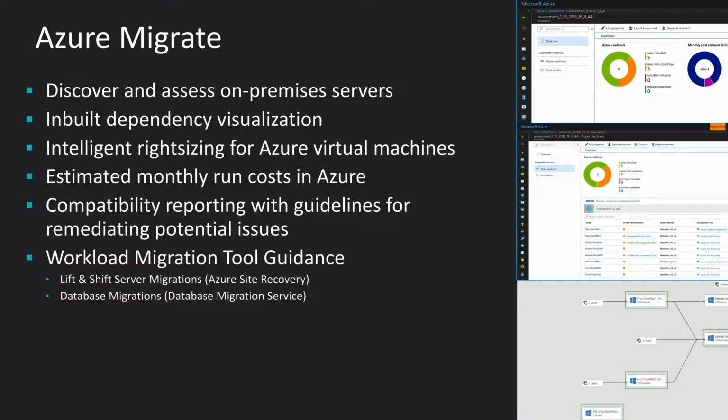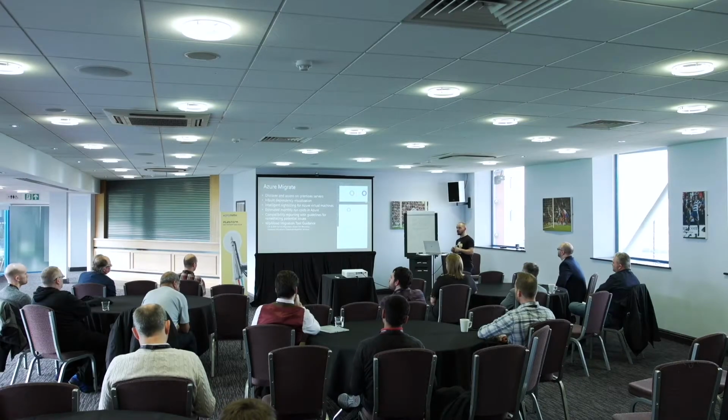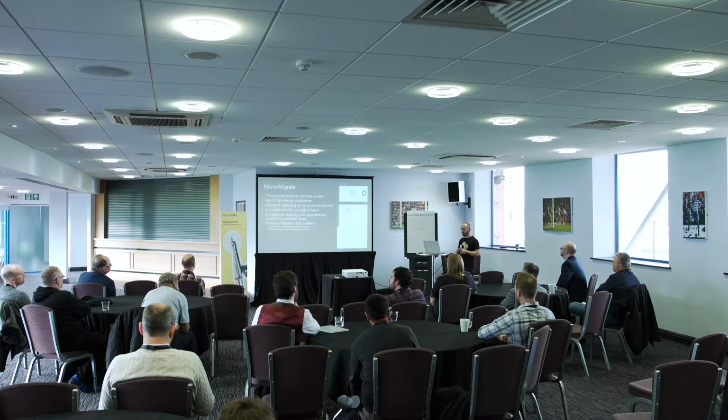If ahead of time we foresee compatibility issues with the virtual machines you've got, we can report on those and suggest a course of action to remediate those problems before you start to migrate across to the platform. And of course, the last bit is the tools. The Azure Migrate platform will recommend the tools you can use to facilitate that particular migration to the cloud.